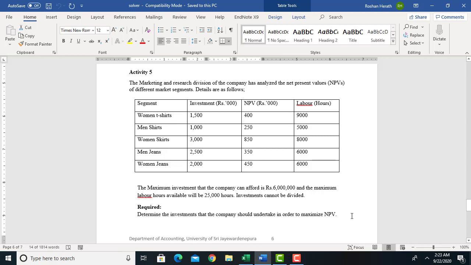The maximum investment the company can afford is 6 million, and the maximum labor hours available are 25,000. Those are the constraints, and the investment cannot be divided.